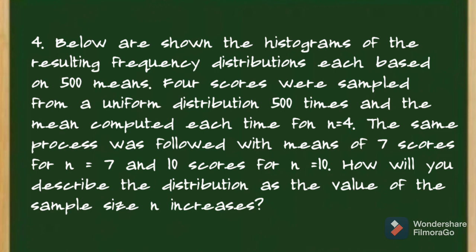How will you describe the distribution as the value of the sample size n increases? When the sample size n increases, the distribution becomes more normal and the spread of the distribution decreases. In short, as n increases, the distribution gets closer to a normal distribution.